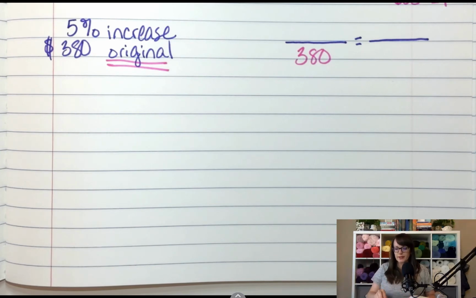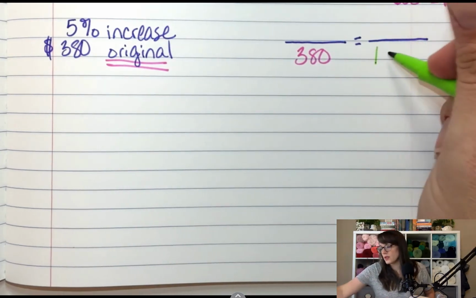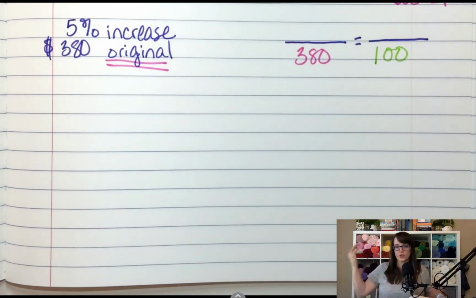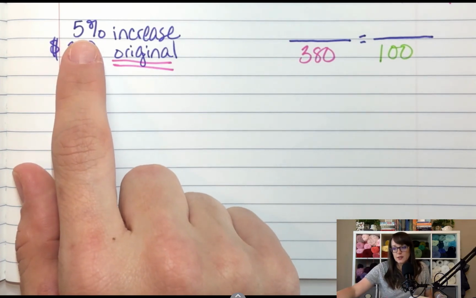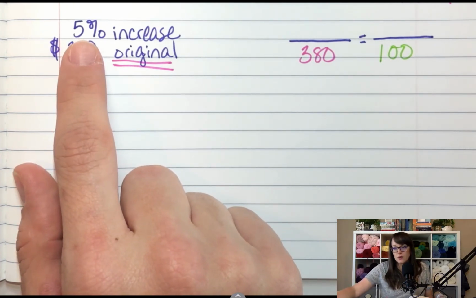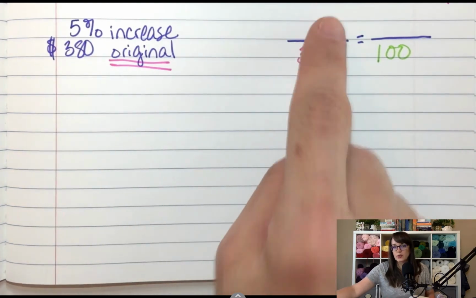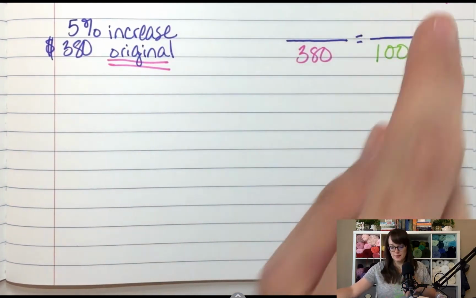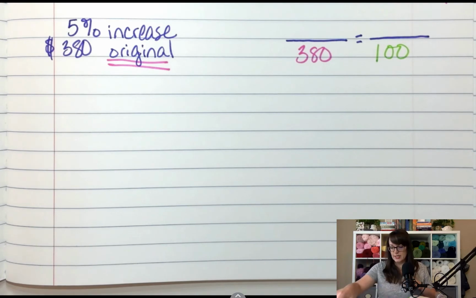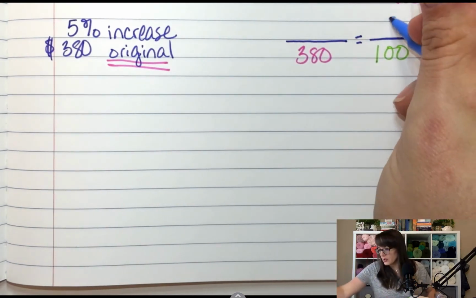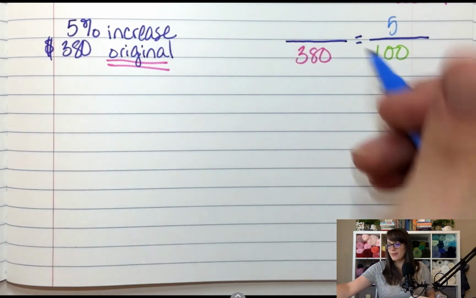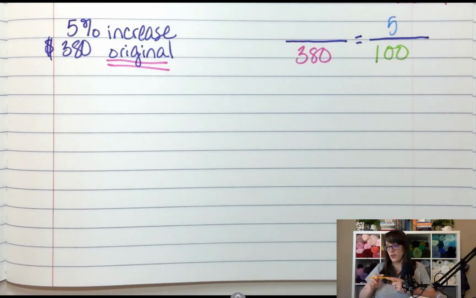What goes in the bottom right? 100. That one we know too. 100 because we're talking about percents. Now, it told me 5% increase. So where does that one go? The percent goes top right. Sorry, percent increase. So 5% goes over 100. And this is going to be my X. I don't know that one.